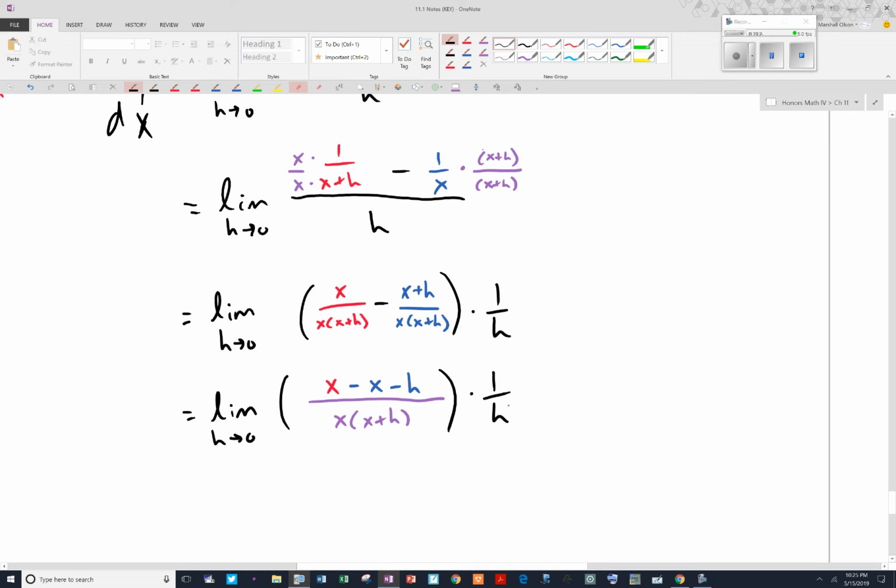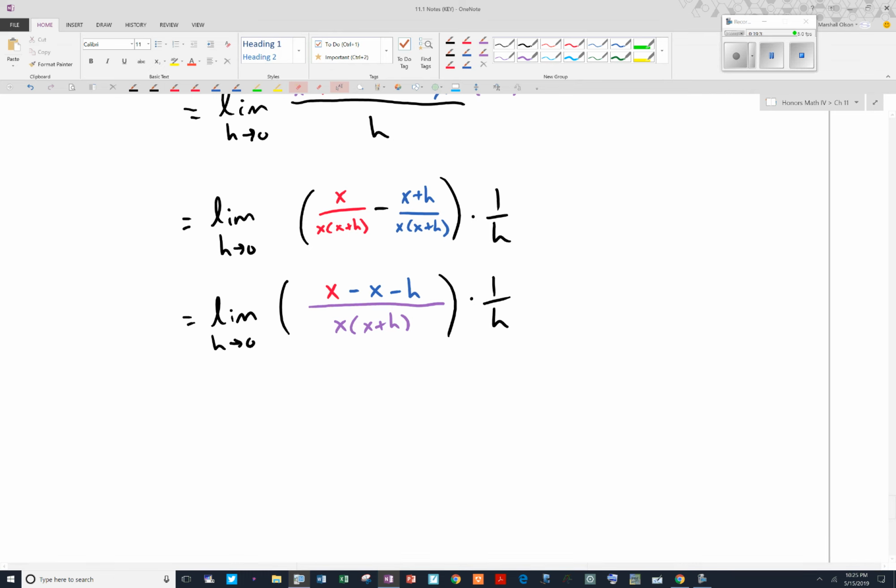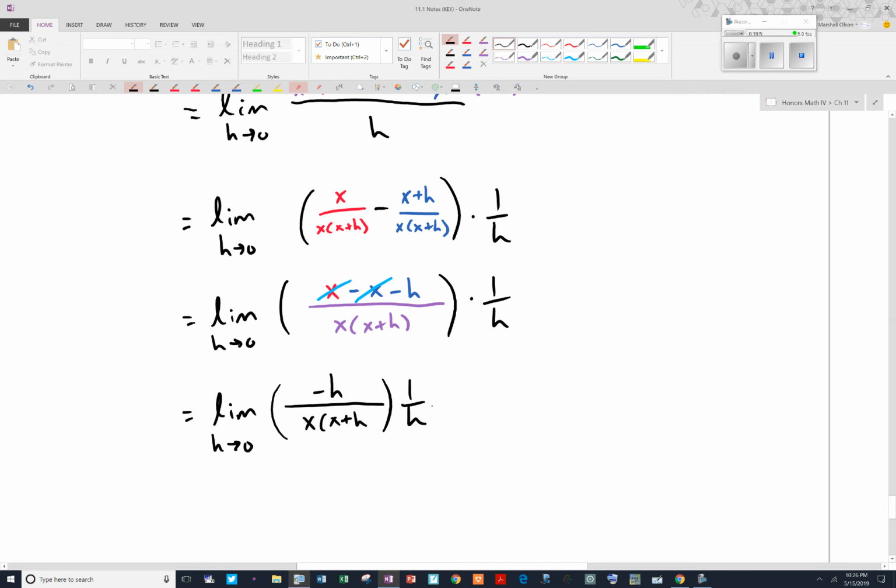Now notice how we can't yet put 0 in for h because it would put a 0 in that denominator. But look what happens here. This x and this x cancel out, and we are left with the limit as h approaches 0 of negative h over x times x plus h, multiplied by 1 over h.